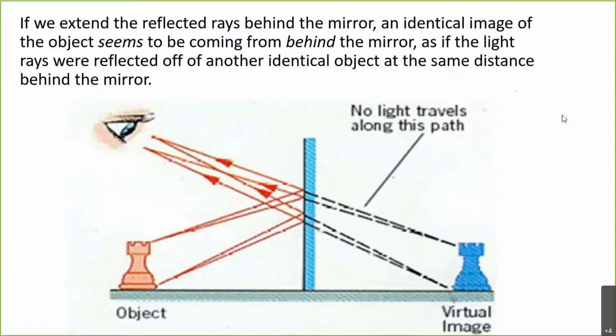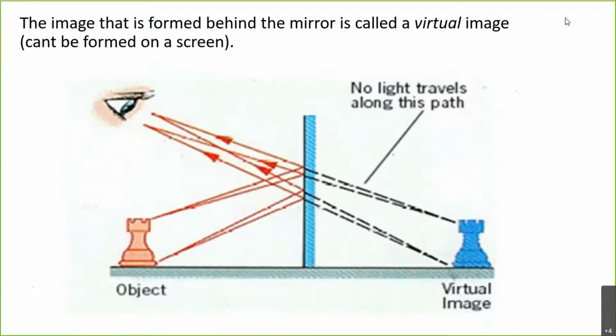Okay? So it's like we have two alternate paths. This one is the virtual path. This is the path it would take if it was at this distance, but we just perceive it to be there. But the rays actually don't go past the mirror. Okay? I know it's a little bit confusing, but stay with me.